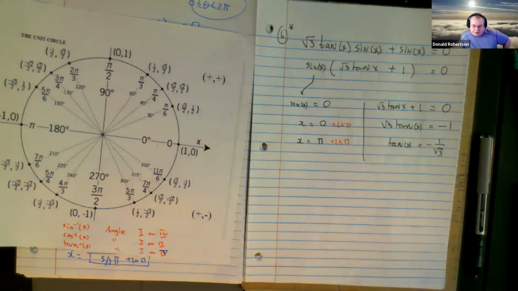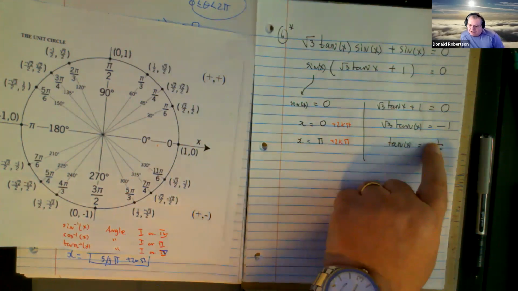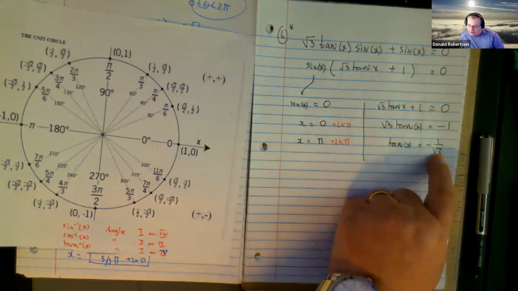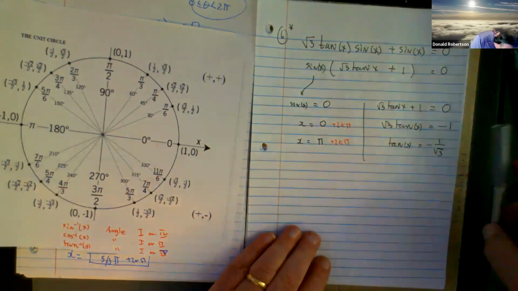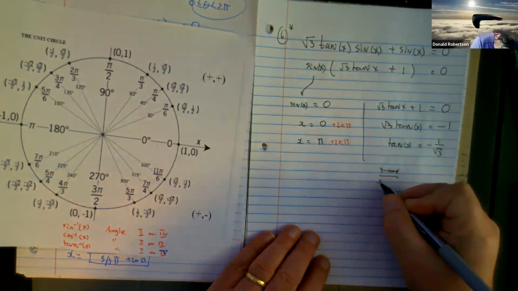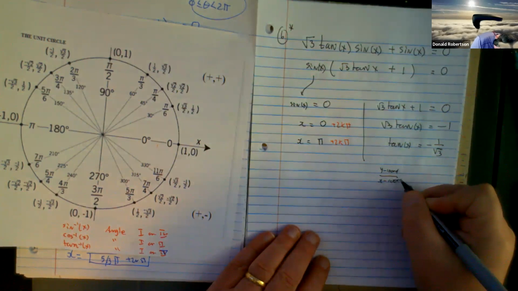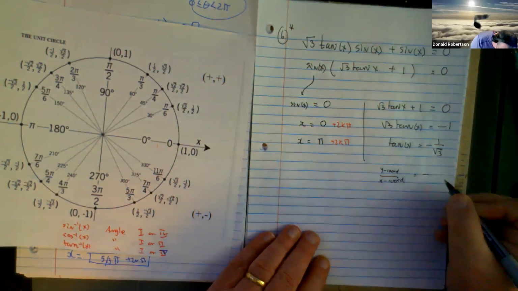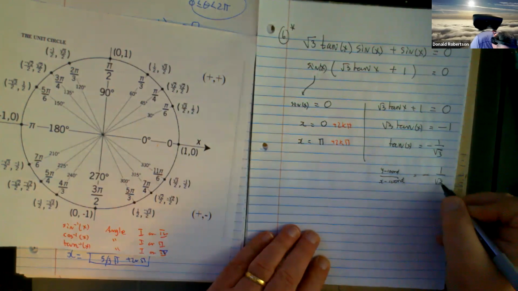So we are looking for an angle whose y coordinate divided by its x coordinate is -1 over root 3. And the answer has to be a negative fraction that looks like that.